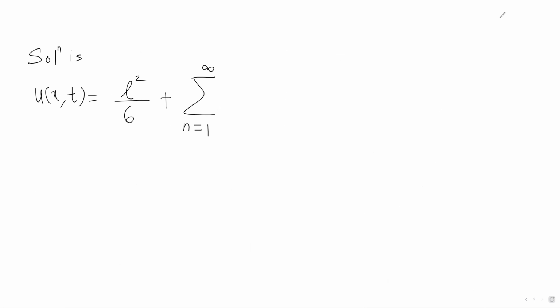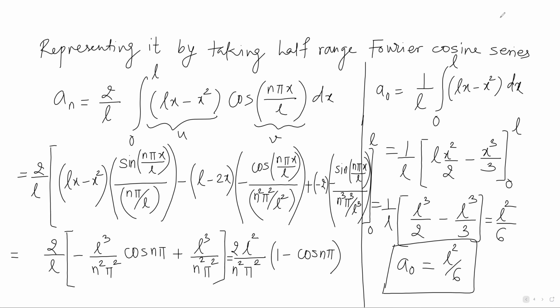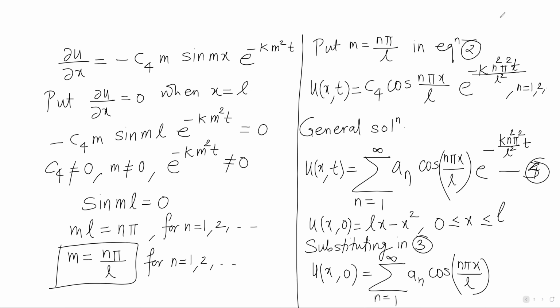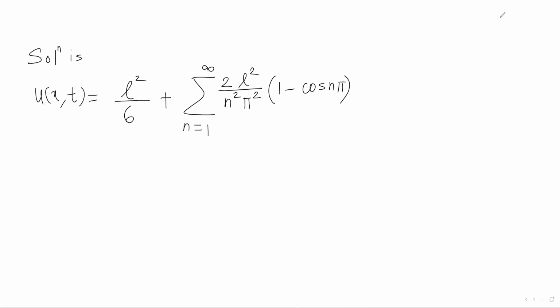We are just putting the value of this an, which is 2L square by n square pi square into 1 minus cos n pi. You can even put cos n pi as minus 1 to the power n. And what we have here in the general solution is cos of n pi x by L into e raised to minus k n square pi square t upon L square, correct? So this is your required solution.